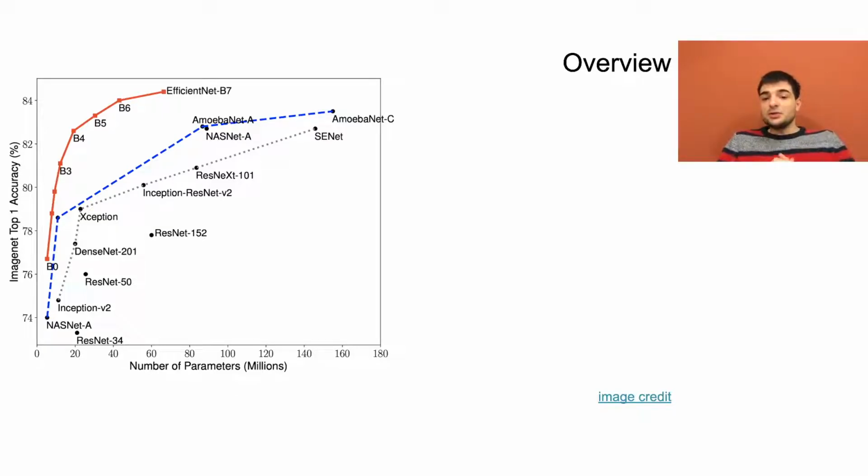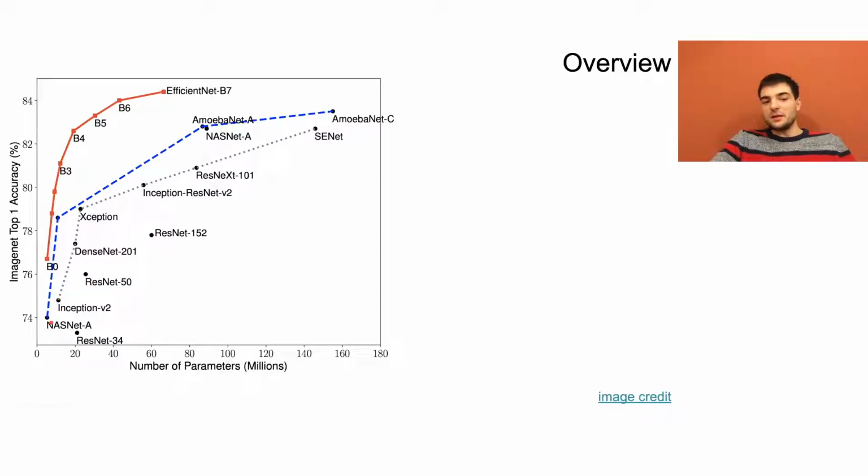First of all, here is just a beautiful picture, an overview of different networks achieving some quality on the ImageNet dataset. Just in case, ImageNet is a huge dataset with thousands of different classes, and the network needs to predict the class correctly. We have the number of parameters over the x-axis and ImageNet top 1 accuracy on the y-axis, and we can see that since Inception v2, ResNet, DenseNet, Xception, and so on, the quality is increasing.